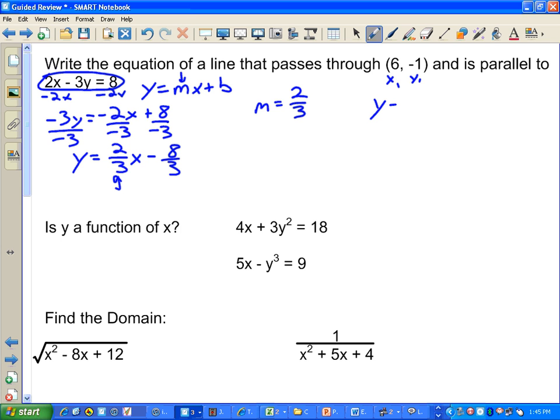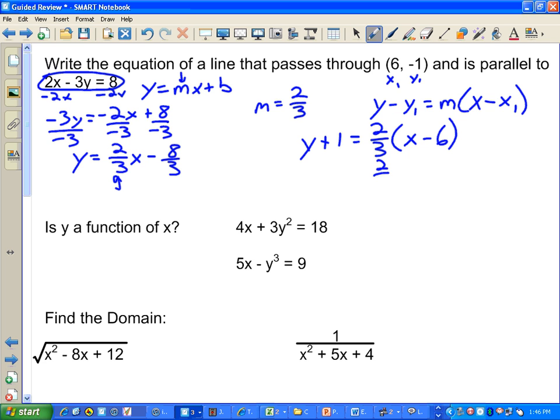So then I need to use my point slope form, which is this equation. Plug in what I know. So y stays as y. y1 is -1, so that makes it a +1. My slope is 2/3 times (x minus 6).